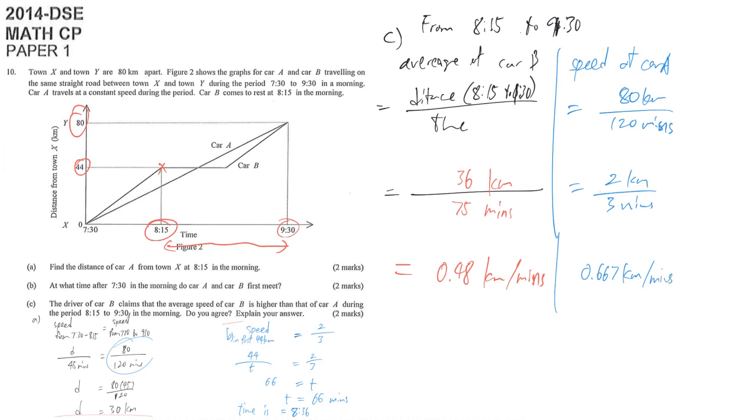So you'll find that the speed of A is larger than B. That's why they ask, is B faster than A? Then we do not agree, since this number is larger than 0.48, which means it's larger than the speed of car B. That's why we have enough evidence now. We can say that we do not agree.